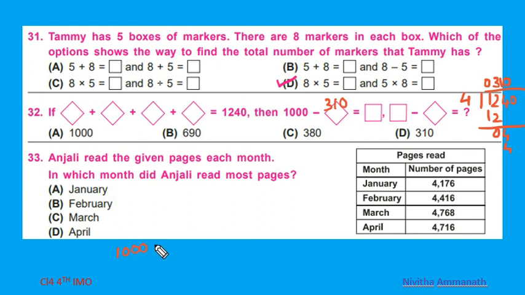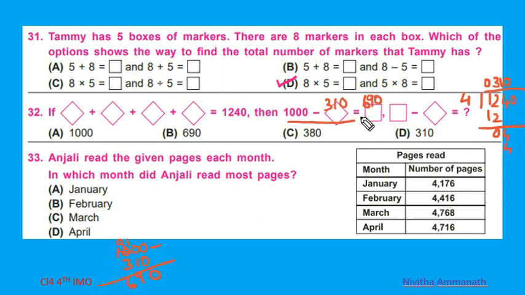So 1000 minus 310. 0 minus 0. Here 10 minus 1, 9. Here 9 minus 3 means 6. 690. So 1000 minus 310 equals 690.